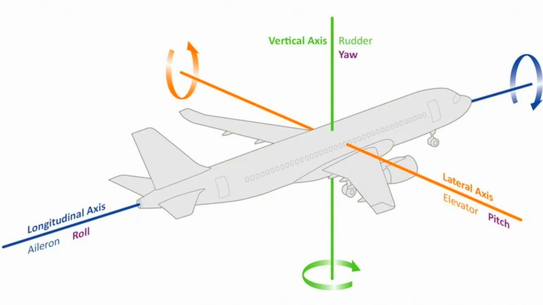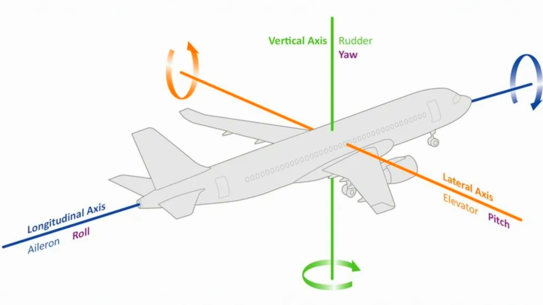First thing that you need to know of extreme importance is that every single aircraft will move on 3 axes. And I'm going to explain this to you so that you understand it with complete comprehension. The first axis will be a longitudinal axis that runs from the nose to the tail.